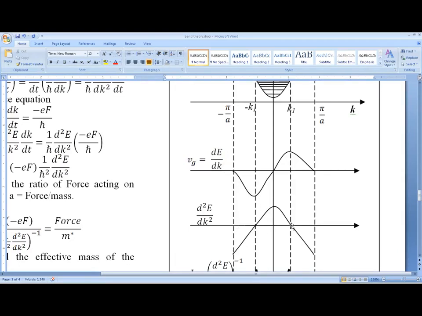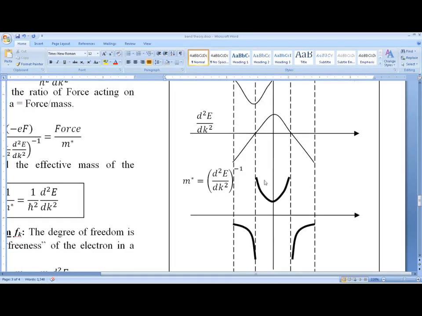See, this is the reference axis for d square E by dk square. So here it is negative, it is 0, and at this point positive slope exists. If you draw a tangent here, it is around 45 degree slope, so this is positive. And once again slope becomes 0 here, that's why the curve has dropped to 0, and as the curve is becoming negative sloped, this function is once again going back to the negative value. So this curve is actually explaining d square E over dk square.